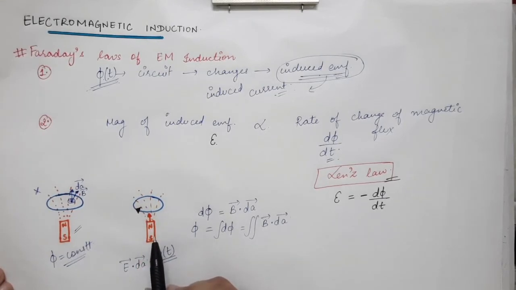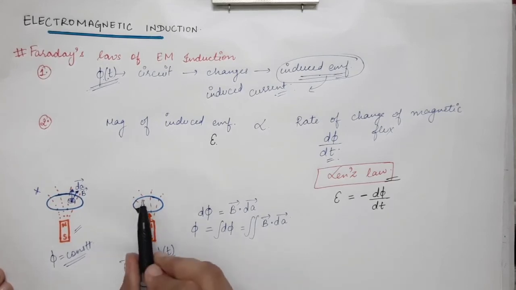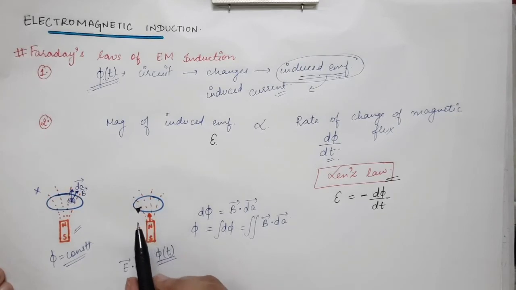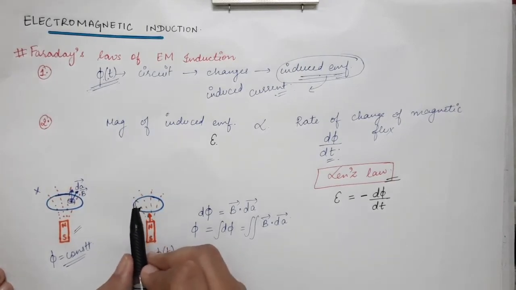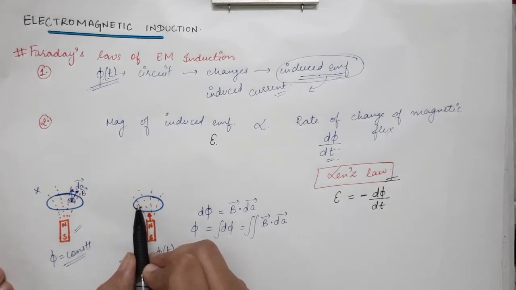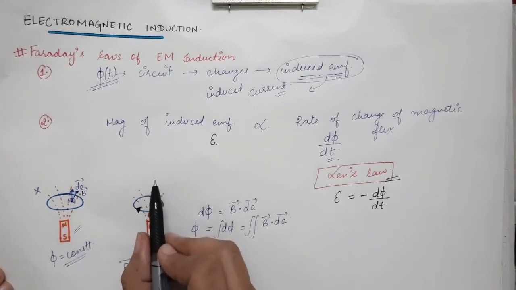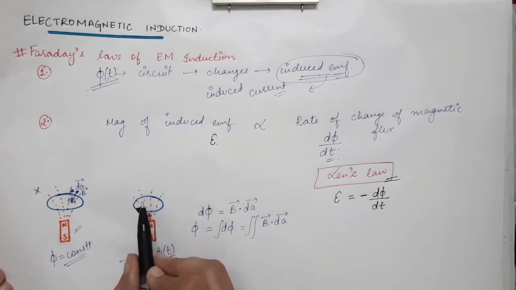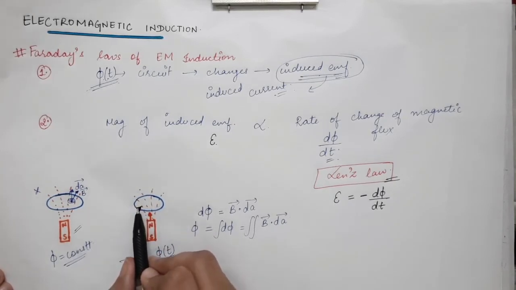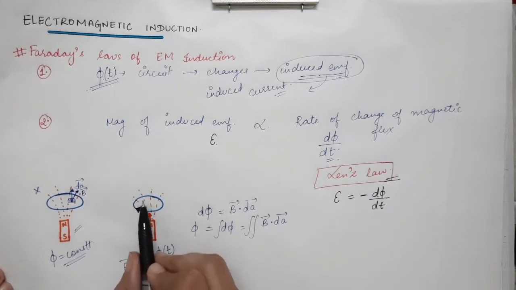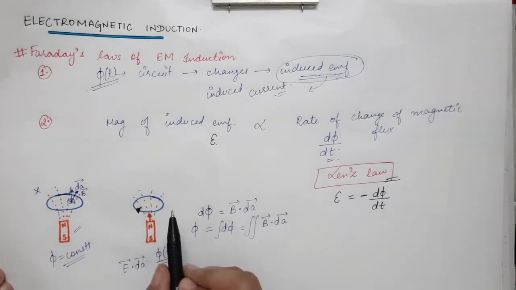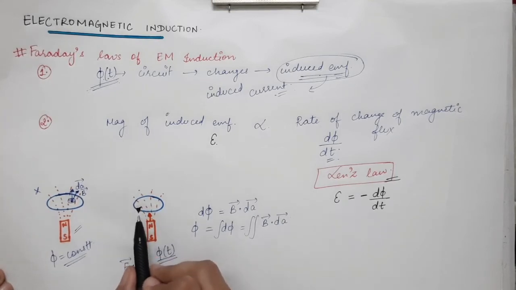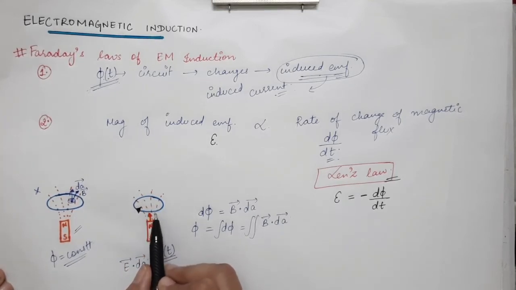Then induced current will flow in such a way as to generate an additional magnetic field in the upward direction. So if magnetic field lines are increasing with time, the induced current will flow in such a way as to decrease the effect of this magnetic field, and hence it will generate a magnetic field in the downward direction.